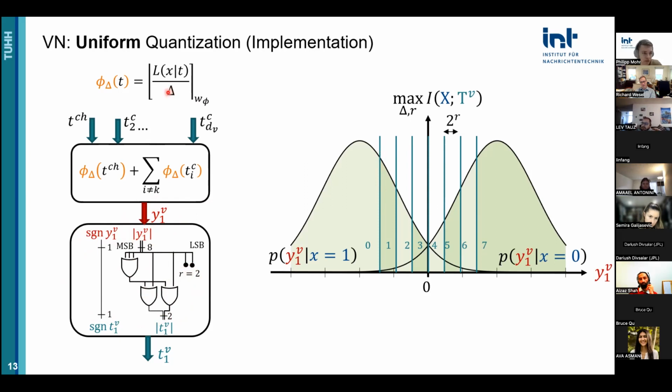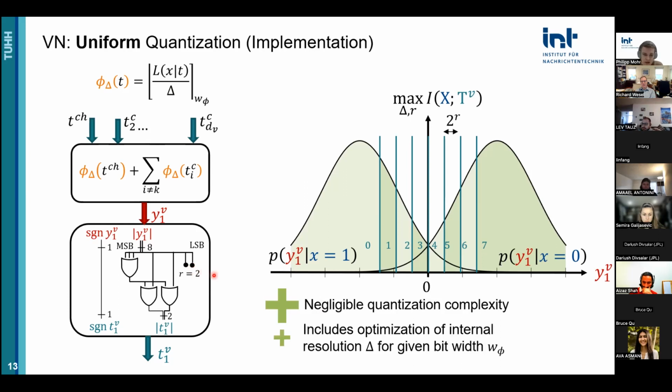This is the trick we do here. So we end up with negligible quantization complexity, and we also include the internal bit width in the optimization. What we pay is a slightly reduced mutual information preservation. This is the overall idea of this first paper.